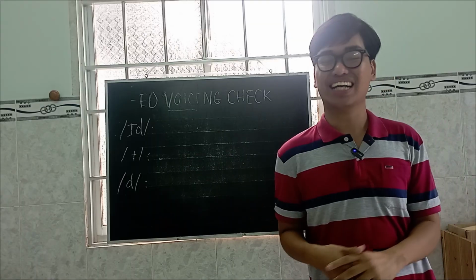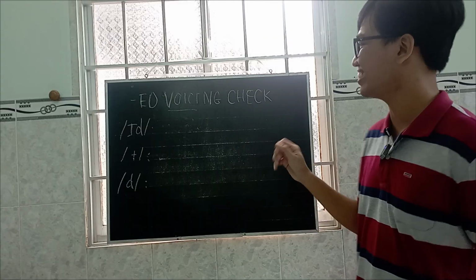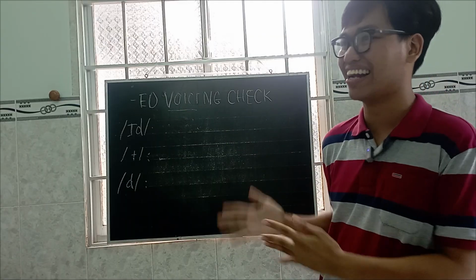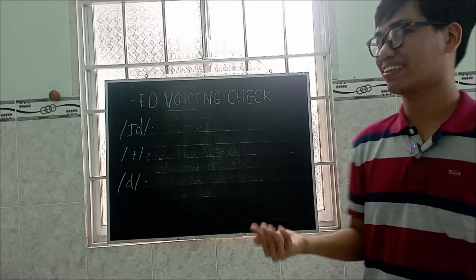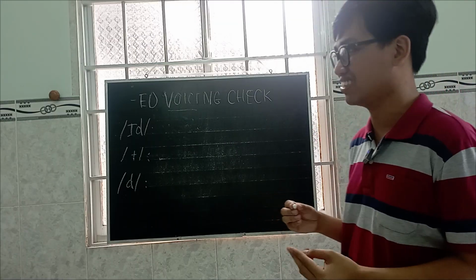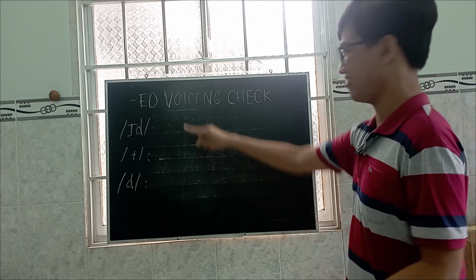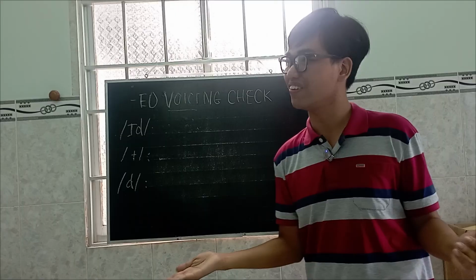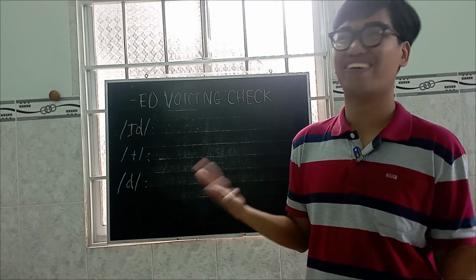Everyone, let's come to our first actual activity for the day, which is the ED voicing check analytical. So let us remind ourselves a little bit and talk about the two types of sounds in English, those related to voicing. There are those that don't make the vocal cords open or off.